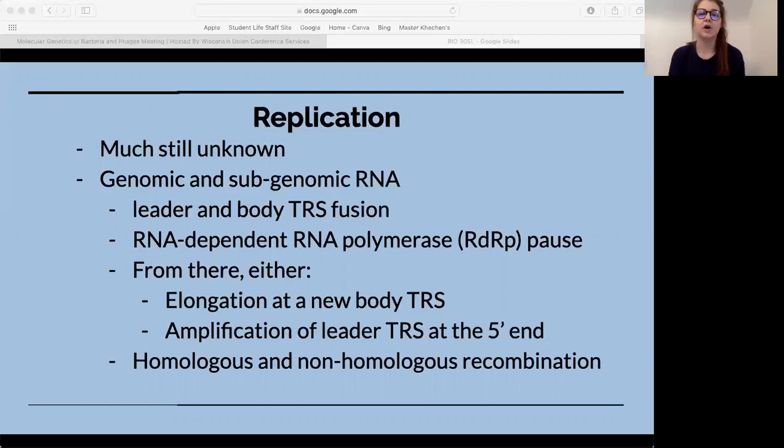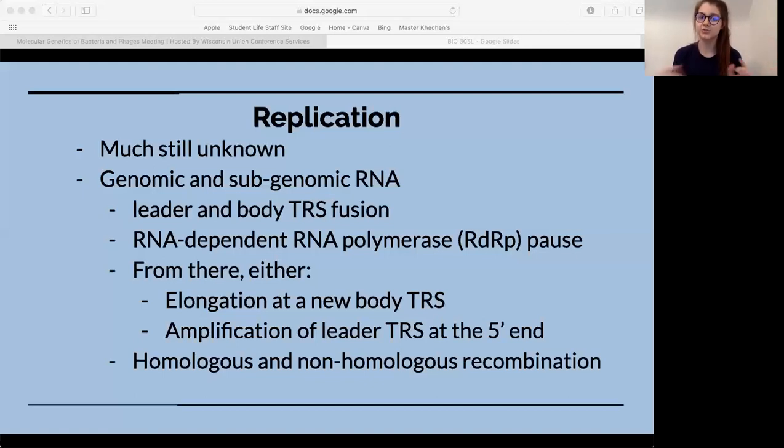And then RdRp, the RNA-dependent RNA polymerase, temporarily stops at one body transcriptional regulatory sequence. So it stops at one of those, they call it TRS-B. And then it can do two things from there. Either it can continue elongation of a new body TRS, or it can amplify the leader TRS, which is at the 5' end of the genome.